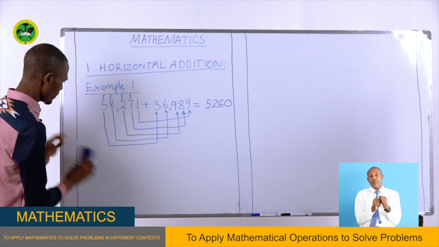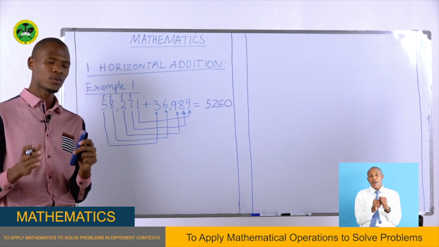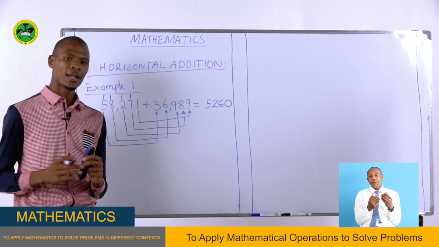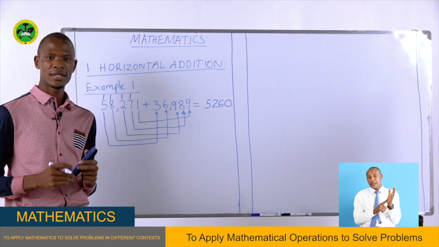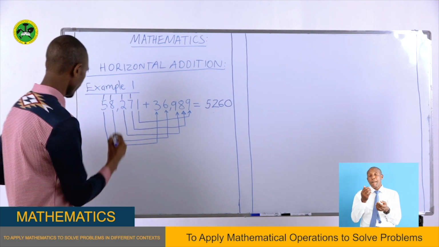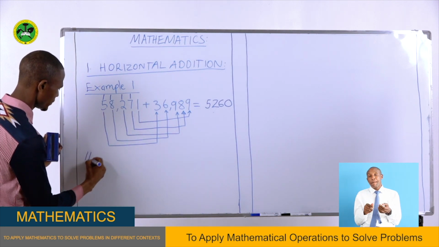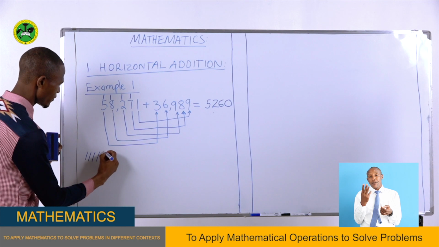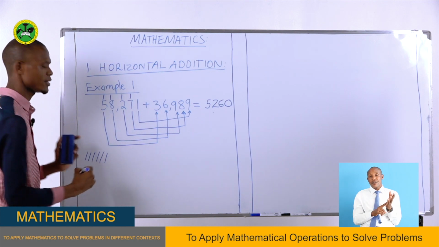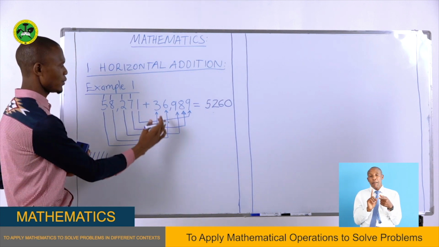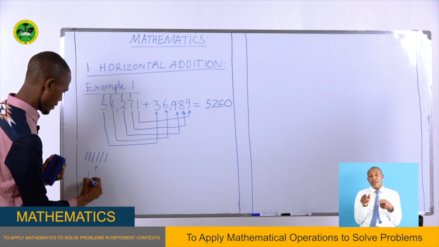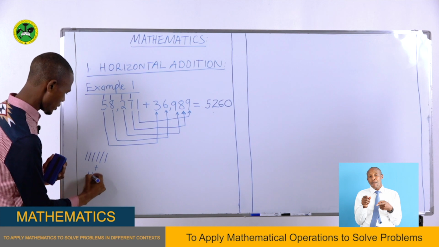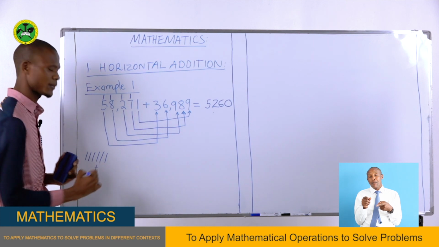Therefore, let us count 6 tallies and then we need to add with 3 tallies. So 1, 2, 3, 4, 5, 6 tallies. Then we add 3 tallies. 1, 2, 3.